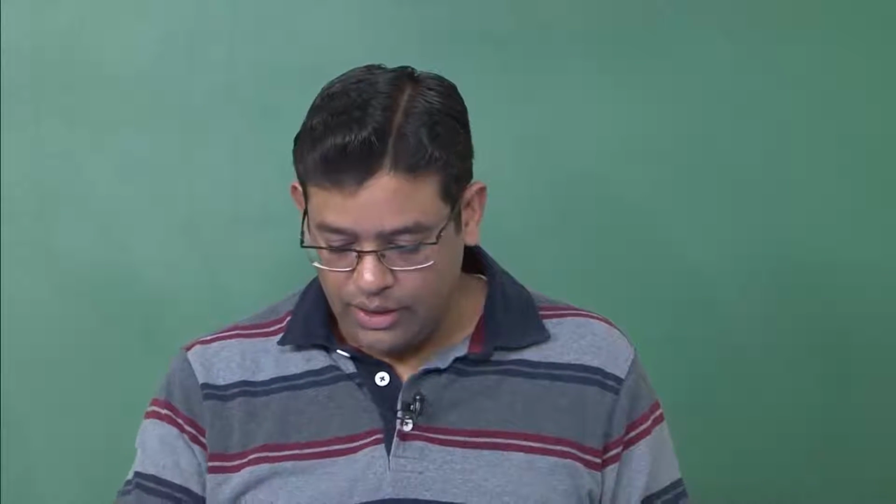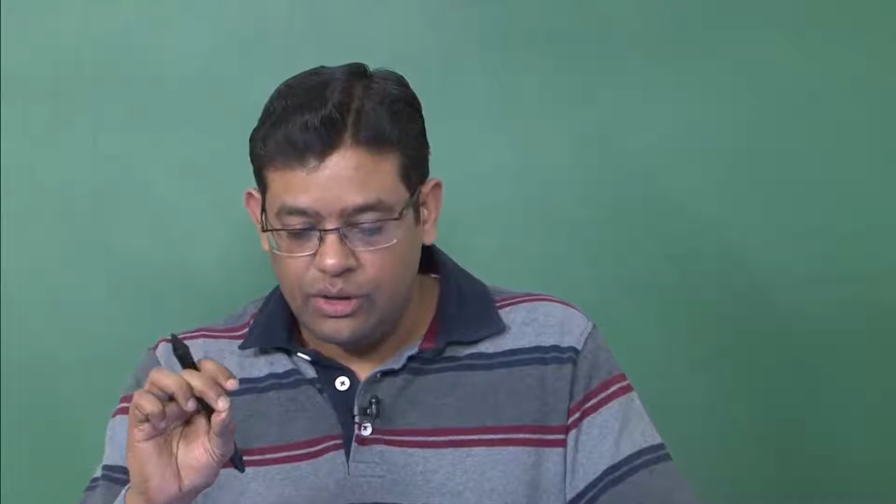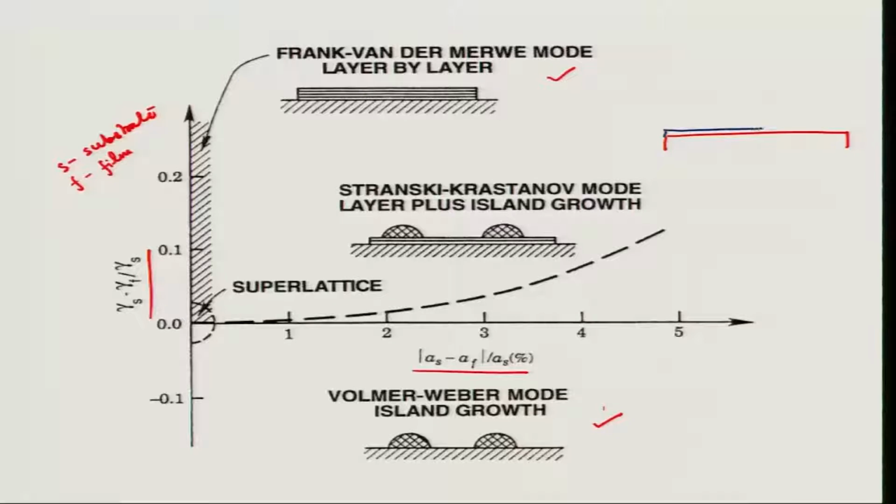These super lattices are artificial lattices where you deposit on a substrate. Again, this is an epitaxial growth of thin films of different compositions, but such that the lattice mismatch is managed. So, what you do is that you have one layer and then you grow another layer.